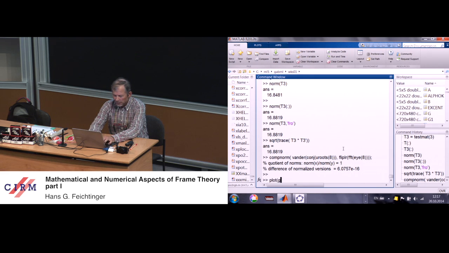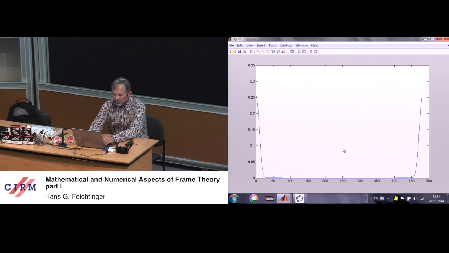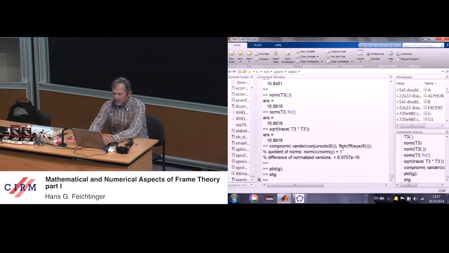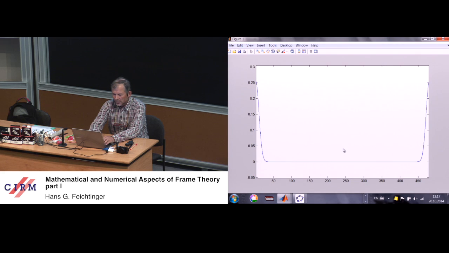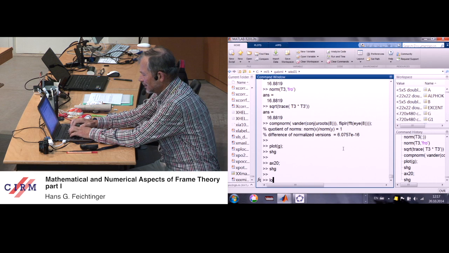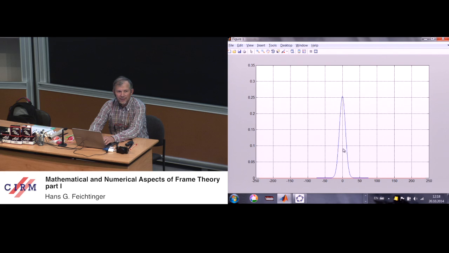So when I plot our discrete Gauss function, it looks like this. Maybe I adapt the axis a little bit. That's not so nice, and I prefer my private plotting routine, plot centered, the same object, just plotted in a different way, with different labels.